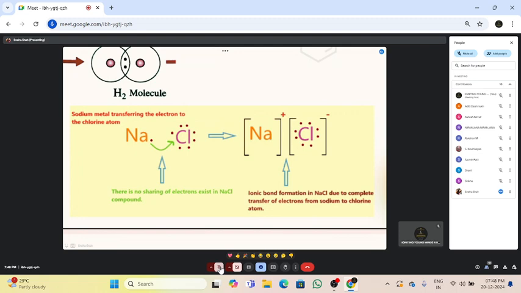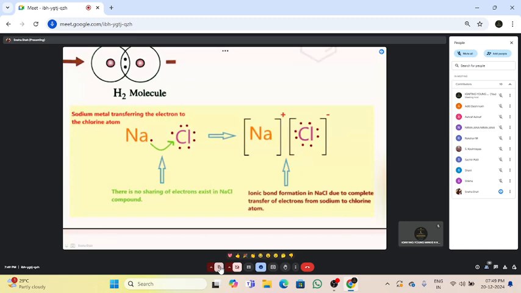So when sodium and chlorine come in contact with each other in a particular environment, sodium loses one electron, it gives the electron away completely, and chlorine accepts that electron in its atom. Now sodium is stable, chlorine is also stable, but they have exchanged the electrons, so they cannot go away from each other. They stay together and form a different compound, which we know as sodium chloride, which is nothing but your common salt.